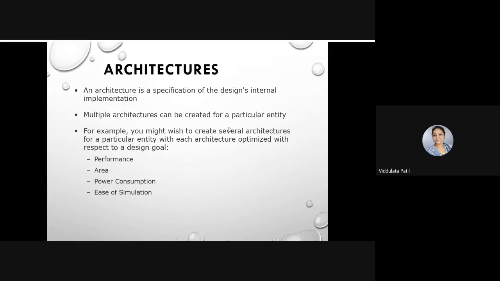Now, if we are writing any particular entity, for that entity we can have multiple architectures, depending on whether we are having behavioral modeling, or data flow modeling, or structural modeling. Now, what is meant by behavioral modeling? In that, we specify how each of the outputs is going to behave depending on the inputs.